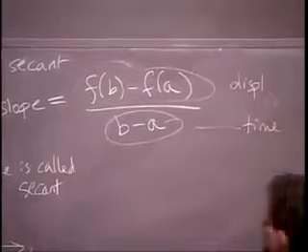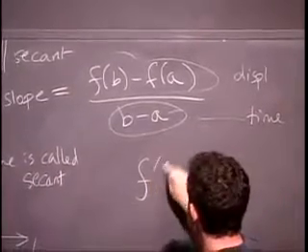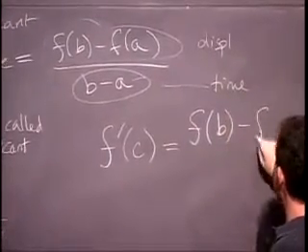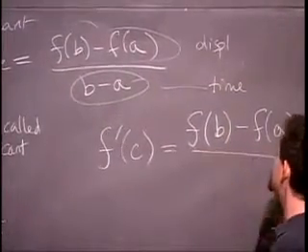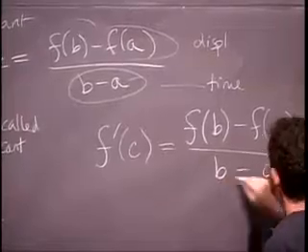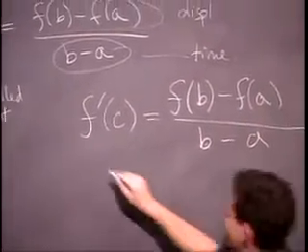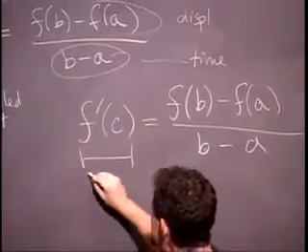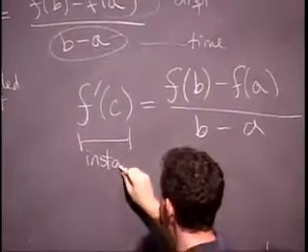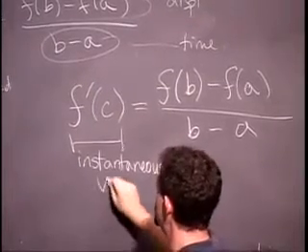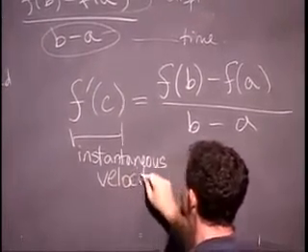And so, when I write down f prime of c, with these interpretations of a and b being times, and f of b and f of a being positions, this is the velocity, or the instantaneous velocity, speed if you prefer, as long as you don't backtrack.